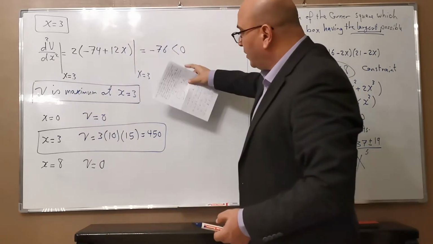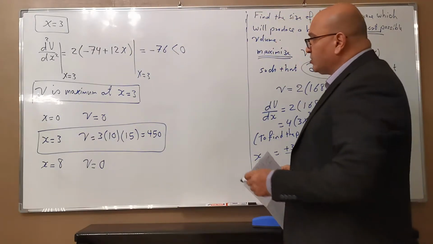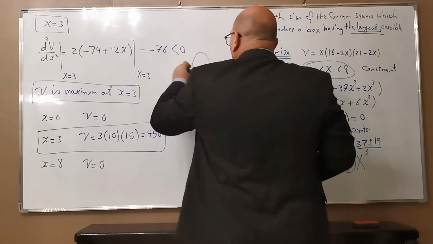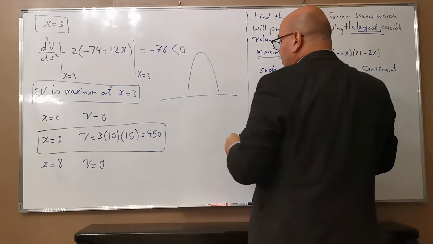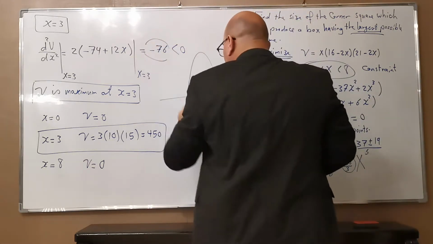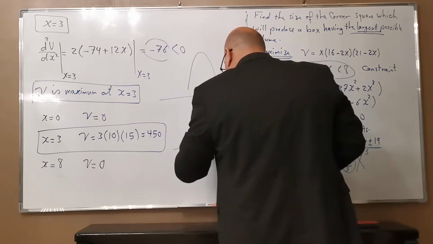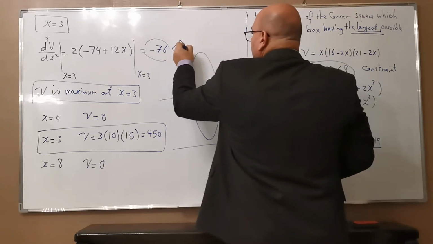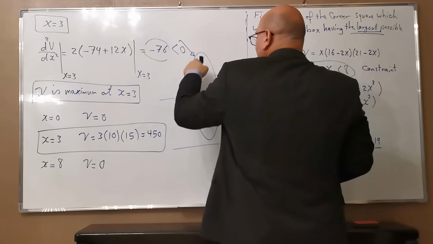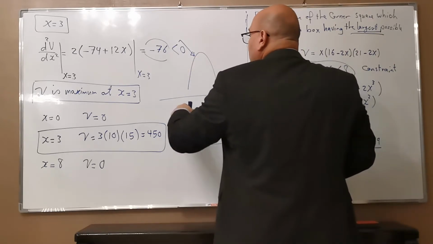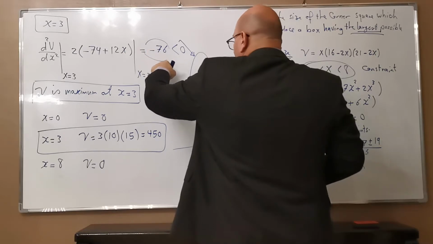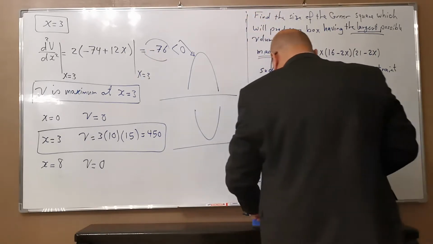If you have a positive value, then this is a minimum. Actually, if you have a negative, this means that your curve is concave downwards. And if the second derivative is positive, then the curve is concave upward. So this one here belongs to such a curve. This one here belongs to a curve where the second derivative is a positive value.